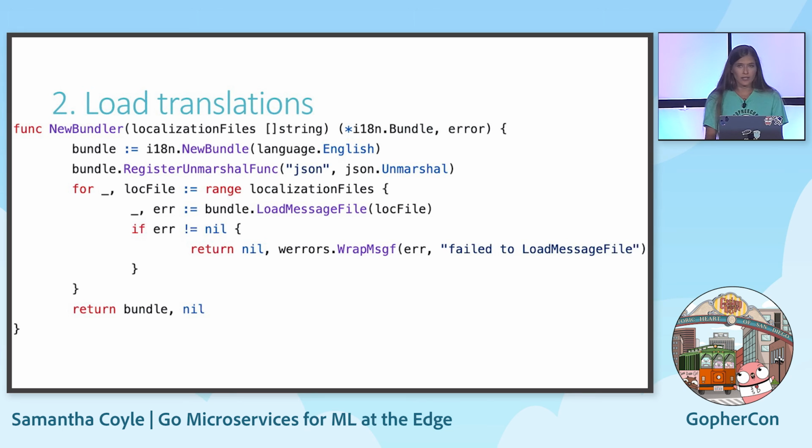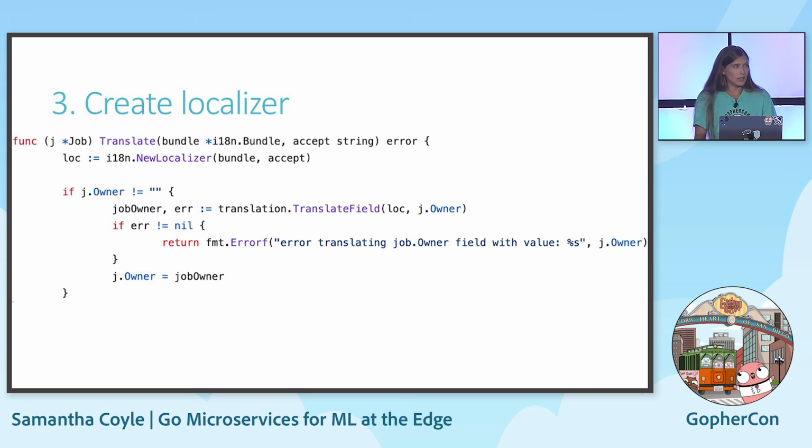We would load in those translations pointing to our dictionaries. So you can see that with the LoadMessageFile function. We created our localizer. So you can see here we have a translate function for our jobs. And we are calling a translate field function that we have defined.